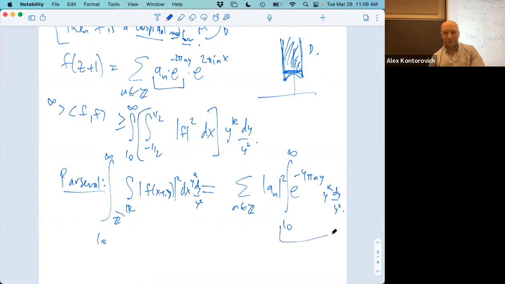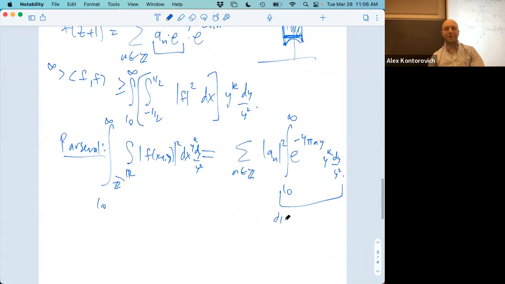But this integral, if n is negative, or even if n is 0, is divergent. This integral diverges unless n is greater than or equal to 1. If n is at least 1, then I have exponential decay in y.